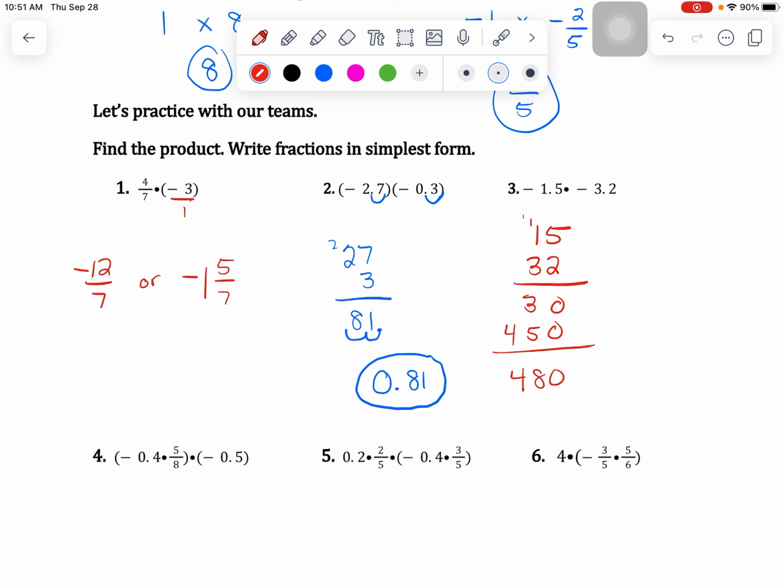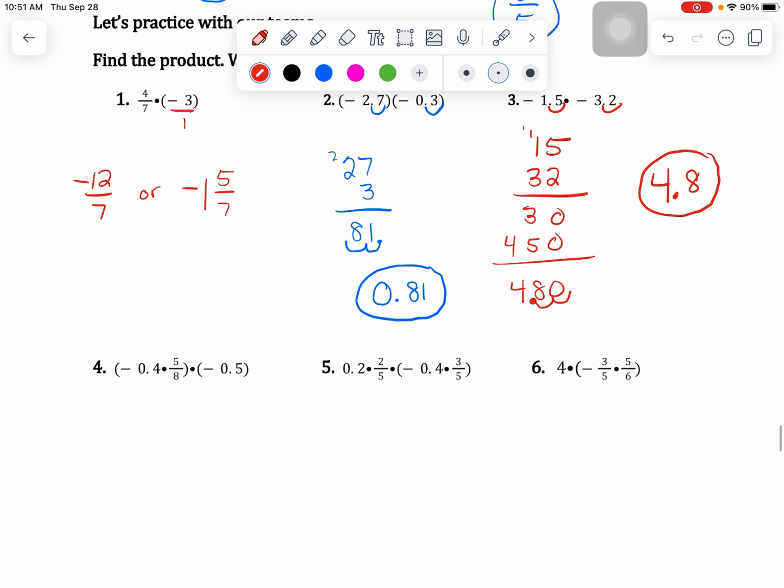Right, now I'm going to go back and look at my decimals. Right, I had to move the decimal twice. So if I move it twice, I end up getting 4.8. Here I was also multiplying a negative and a negative, so my answer is going to be positive. You could also say 4.80, right? 4 and 8/10 or 4 and 80/100ths are the same answer.